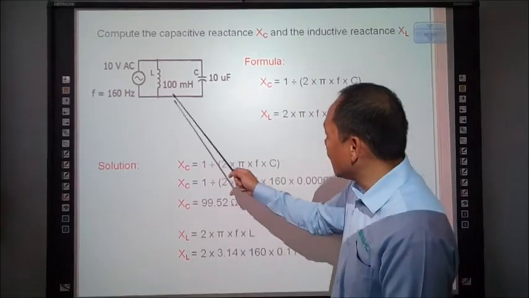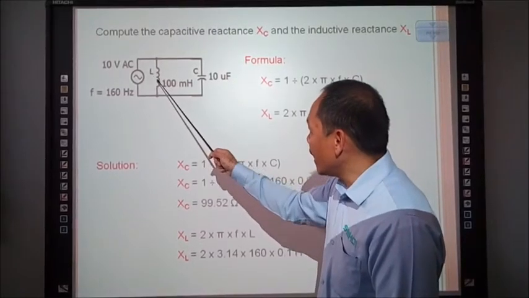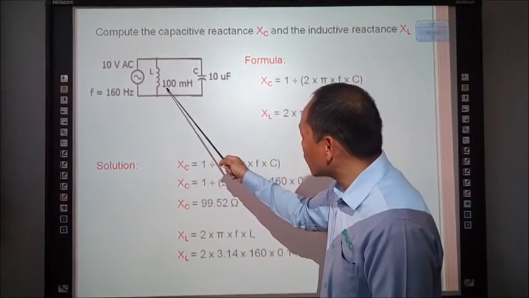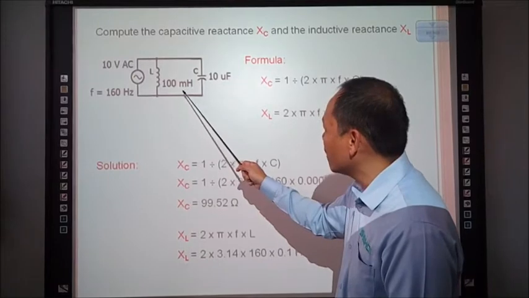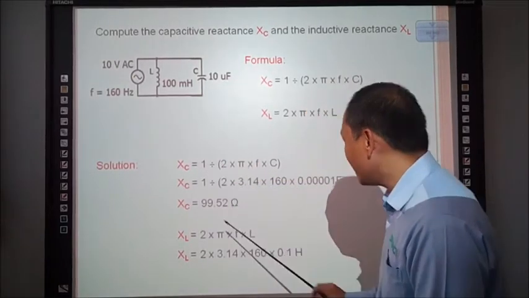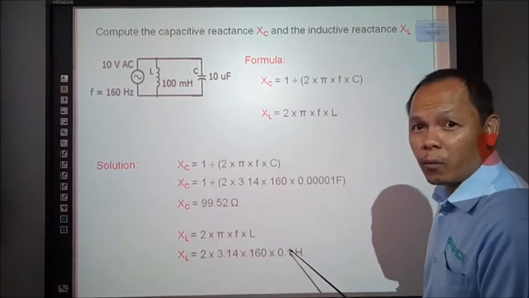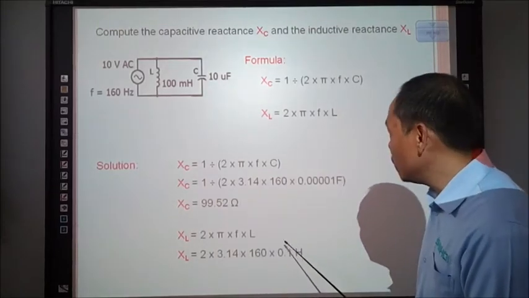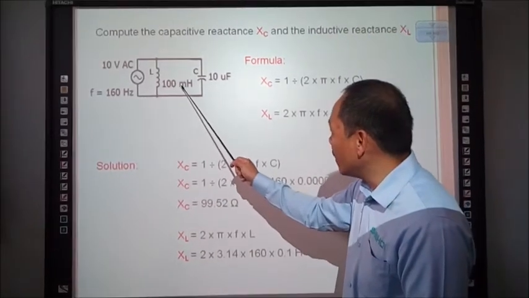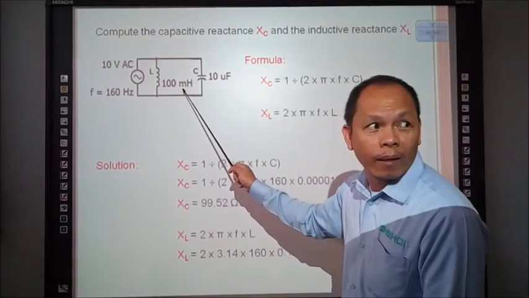As you can see, the inductance value is 100 millihenry. Do not write 100 millihenry, because your answer will be wrong. All you have to do is change millihenry to Henry.